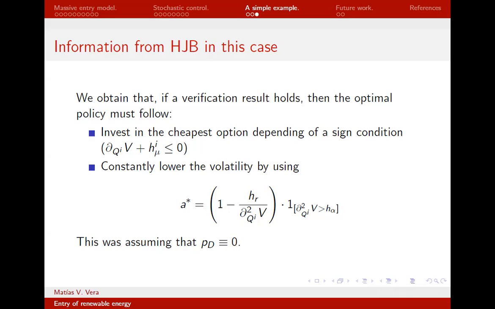So that makes a difference with the game theory problem, for example when the demand changes. If you want to do this research with a game theory approach, you need PD not equal to 0 and some other assumptions.